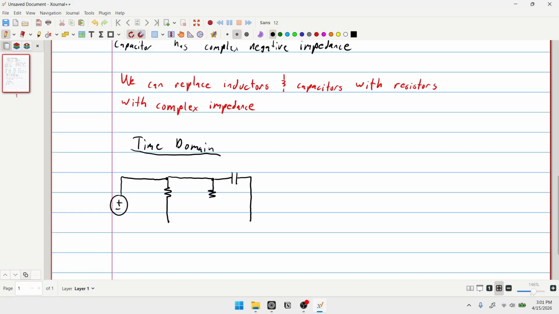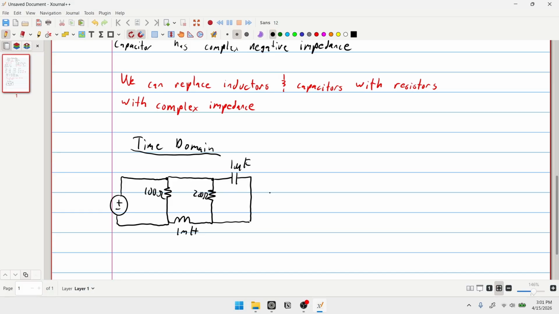Here we have another resistor, then we have an inductor. Let's say this is 100 ohms, this is 200 ohms, this is a microfarad, and this is 1 millihenry.